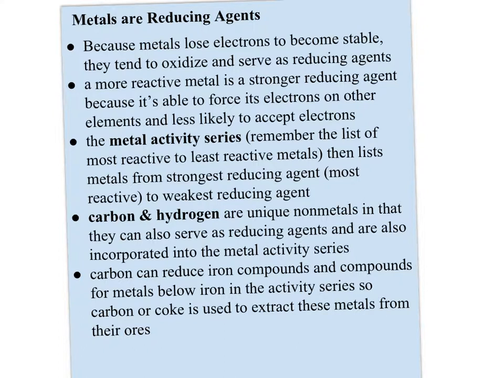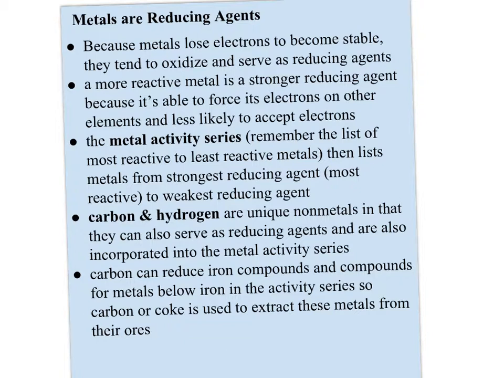So the metal activity series, remember it's the list of most reactive to least reactive metals. It really is listing metals from the strongest reducing agent or the most reactive to the weakest reducing agent. And carbon and hydrogen actually are often included in these metal activity series, even though they're nonmetals. They can both serve as reducing agents.